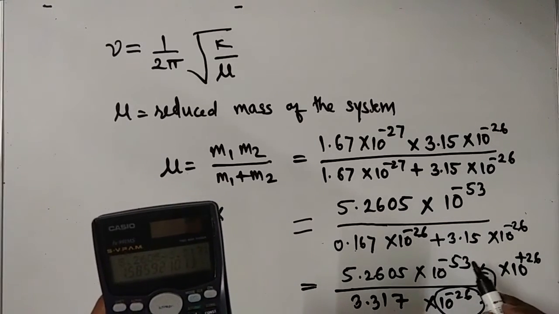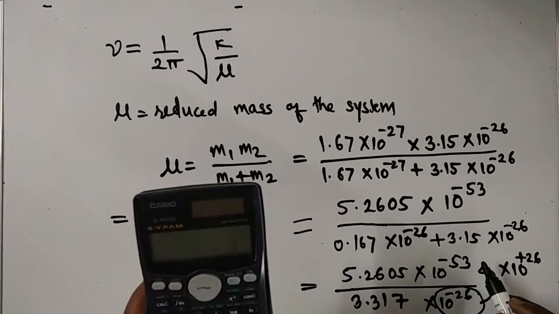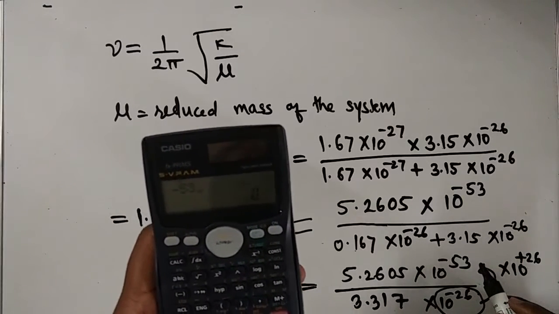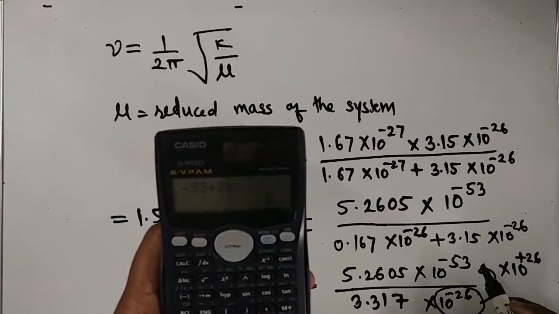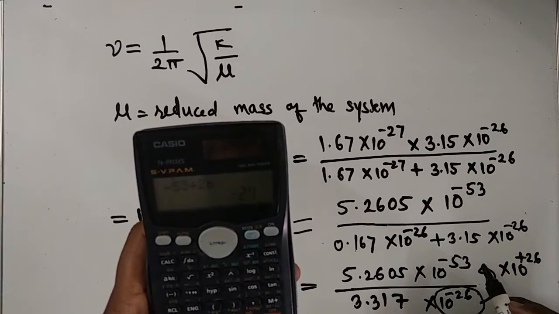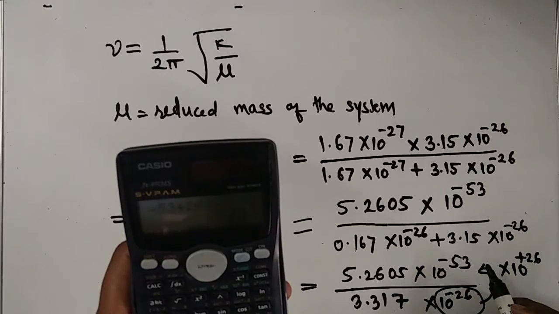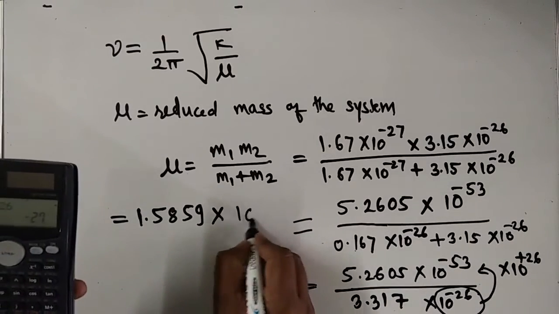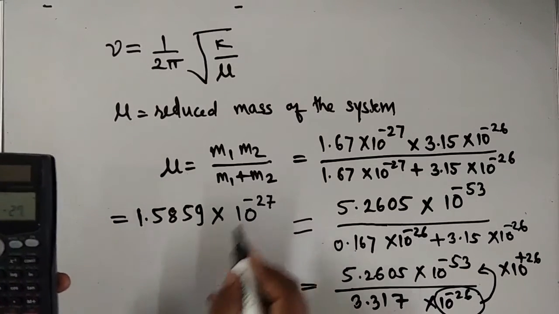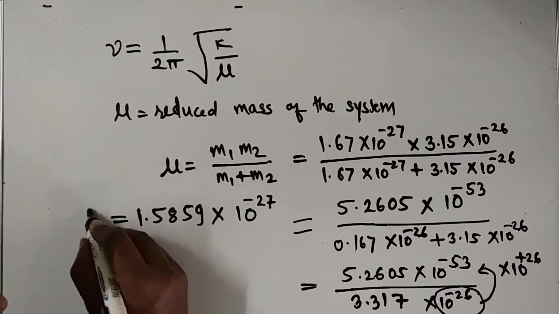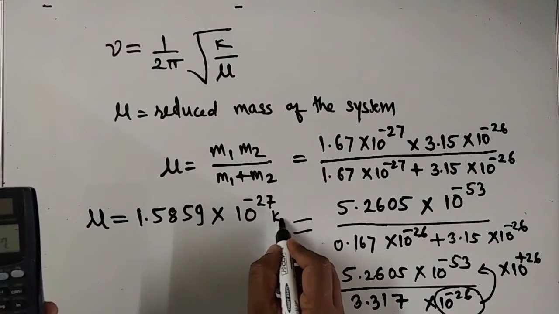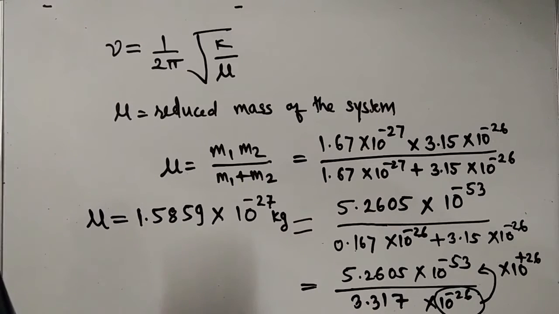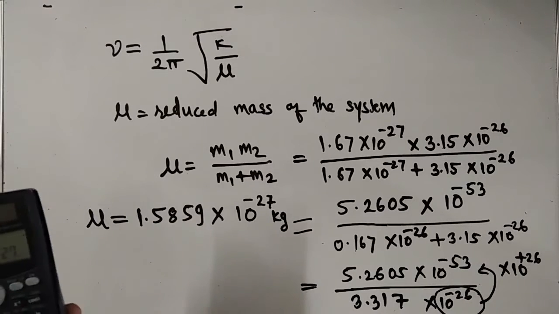If we add these two terms, minus 53 plus 26 is equal to minus 27. So here I can write 10 raised to minus 27. This is the reduced mass, and its unit is kilogram. So this is the reduced mass we have calculated.